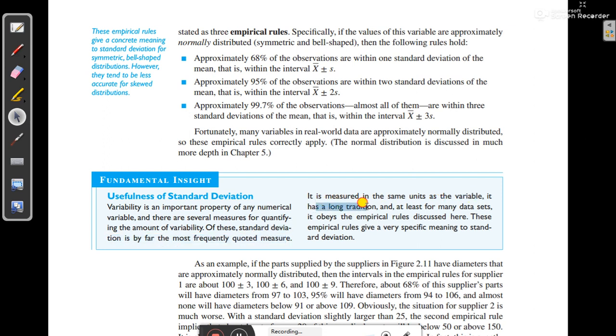It has a long tradition, and at least for many data sets, it obeys the empirical rules discussed here. These empirical rules give a very specific meaning to the standard deviation, because then we know how much data can be found around the mean, or how much it is distributed around the mean. Is it far from the mean or is it closer to the mean.